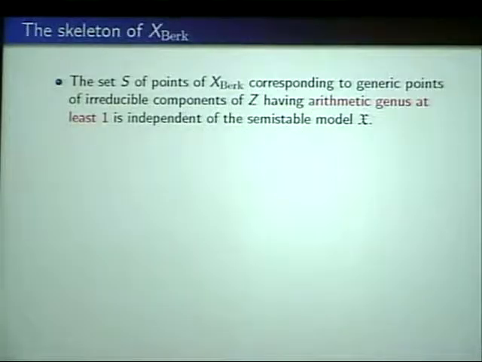So let me define the skeleton. You see the set of points of Berkovich space which correspond to irreducible components in the special fiber of genus at least one. This is independent of the semi-stable model, roughly, because to get other semi-stable models you can blow up certain points in the closed fiber.